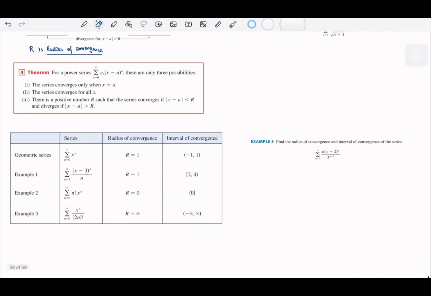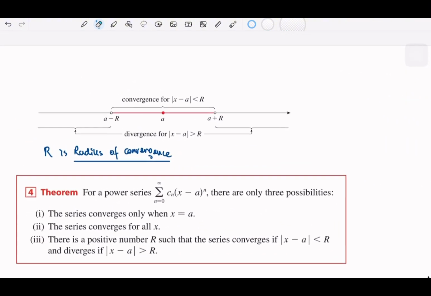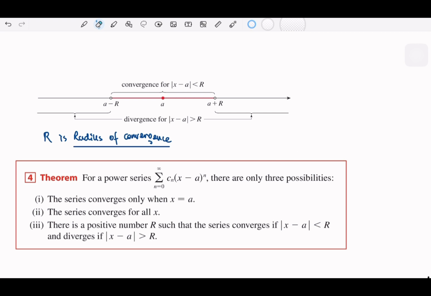Okay, so for this R, we could also think of x as actually the center plus or minus R, for the endpoints of the interval of convergence.